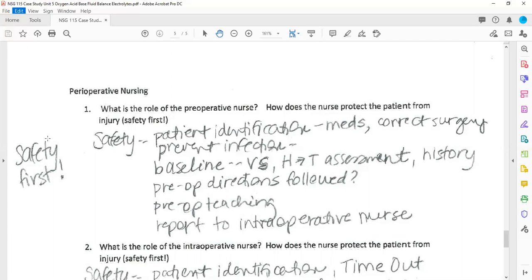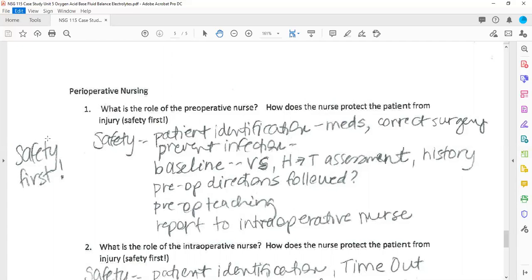So we're going to be asking about those instructions and did they follow those adequately? If they didn't, many times they're going to cancel the procedure because it's either not going to give the results that are anticipated, they won't be able to see the intestines, or if the patient were to eat and get sedation, they could aspirate.